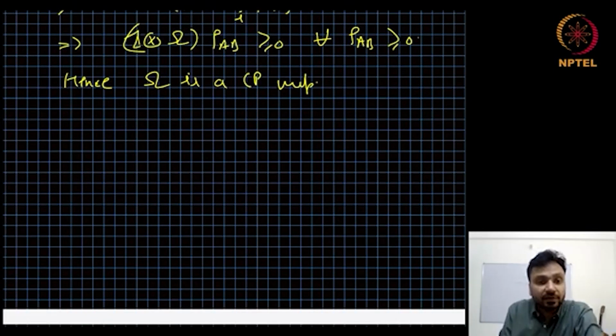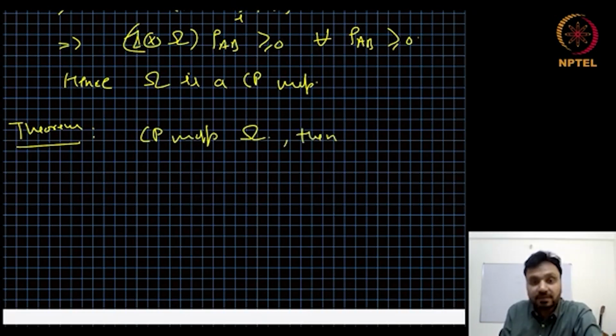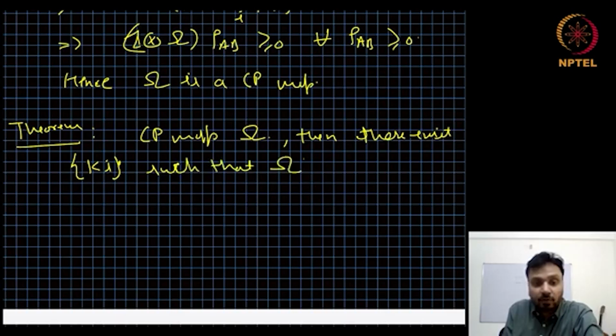Now the second theorem. If we have a CP map omega, then there exists a set of operators K_i such that omega of rho can be written as sum over i K_i rho K_i dagger.